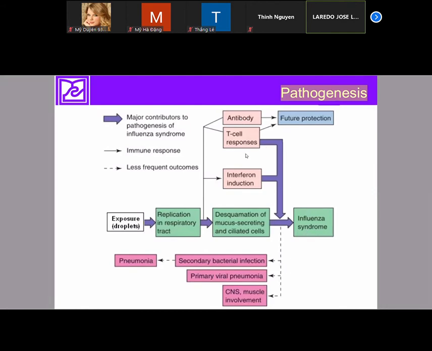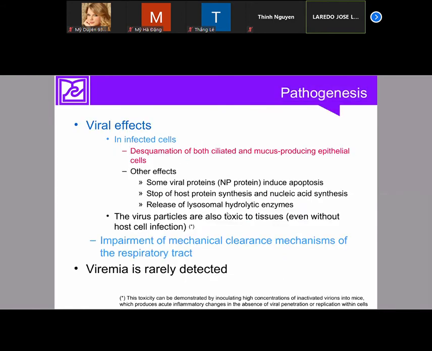But something more happens, something more, and not good. So look, these cells infected by the virus, the ciliated epithelial cells, are important to remove dust and other microorganisms.